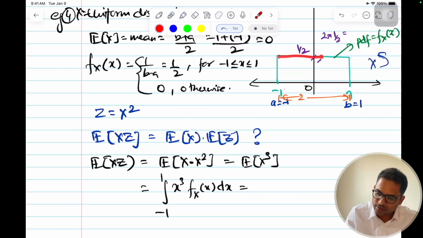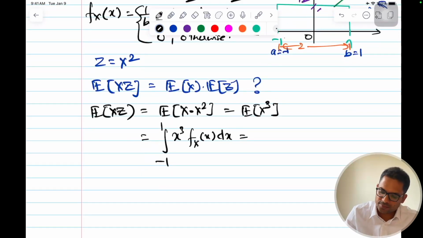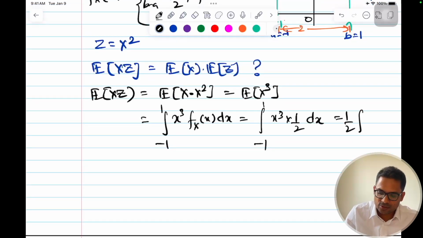This is the PDF here. It is a constant, uniform; the probability density over all the values in this range is half. So I'll bring this half outside, it is a constant: half integral from -1 to 1 of x cube dx.